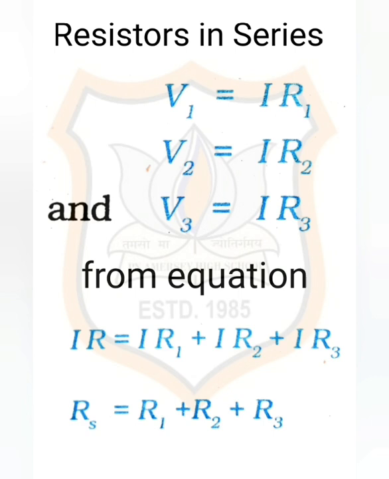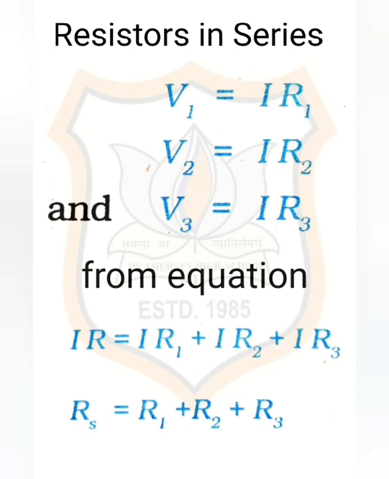Is it clear? Current is the same, but the total potential difference of the battery V is divided according to the resistances between the two ends of the respective resistors. So, if the potential difference across R1, R2 and R3 be V1, V2 and V3 respectively, then we can write V is equal to V1 plus V2 plus V3.